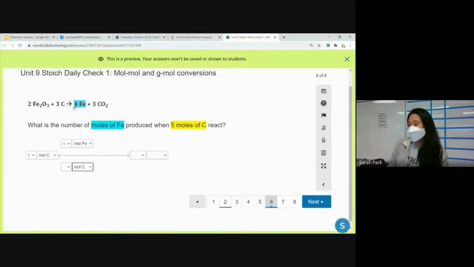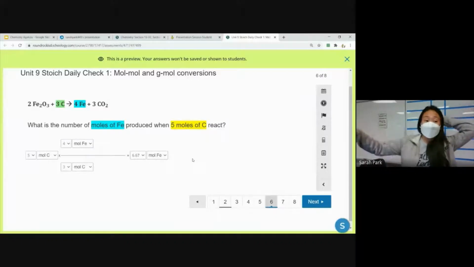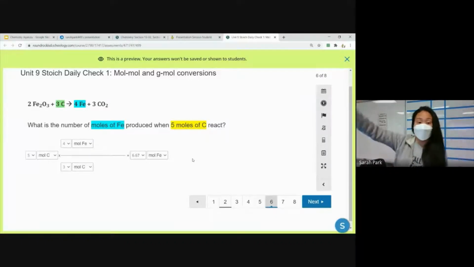Moles of carbon. This is the bottom. And then the answer we got was 6.67, which is on here. Perfect. What do we want? Moles of iron. So make sure that on number 6, you actually put every single thing correctly. You filled in every single drop-down box. So I'll give you a second to catch up, and then we're going to hop to question number 7.